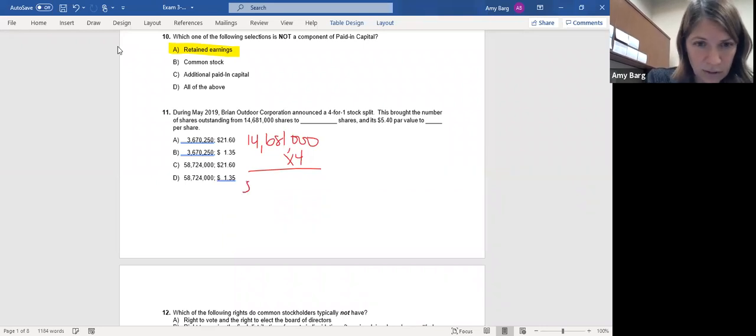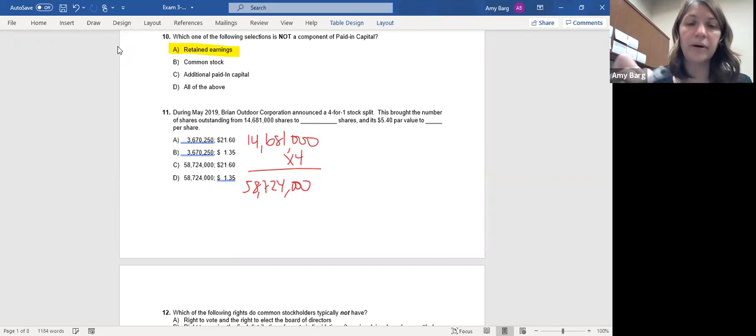So this will get you a ridiculous number of shares, 58,724,000 shares. But people aren't actually paying in to buy all those shares. You're just giving them. So what you're actually doing is taking the $5.40 par value and dividing it by 4.